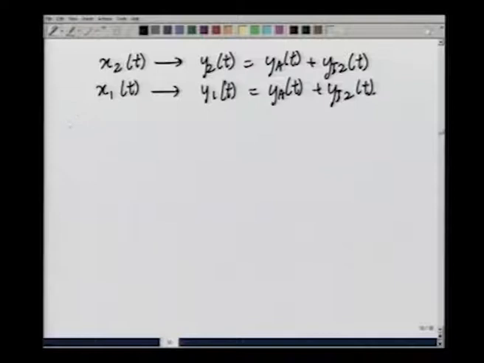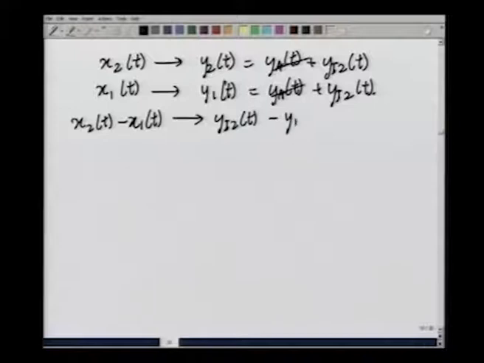So, x2(t) minus x1(t) would give you the difference of these two expressions on the right side, where y_a(t) would automatically vanish and you would just get y_I2(t) minus y_I1(t).